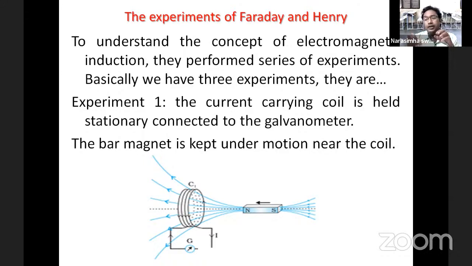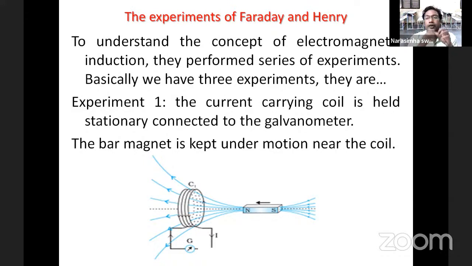There are many experiments demonstrated by Faraday and Henry. Among them, as per our syllabus, we'll discuss three cases. If you understand these well, you can easily understand the coming applications.